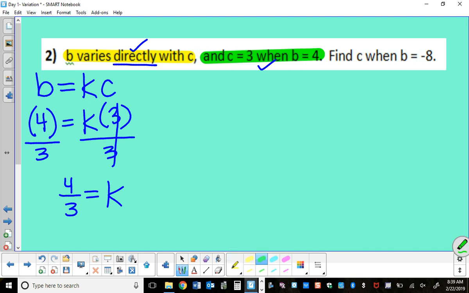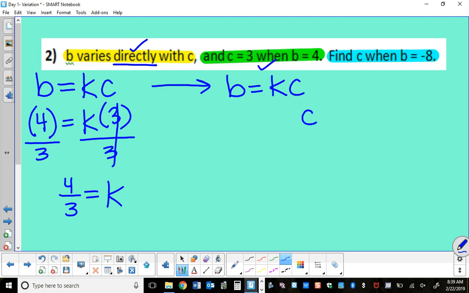The last part of my equation says find C when B is negative 8. So I write down my same equation, B equals K times C, because that's what I used for the beginning. And now I'm plugging in what I know. I'm not using the C that I had in part 2, that's over and done with. What's my K? 4 over 3, so plug that in.